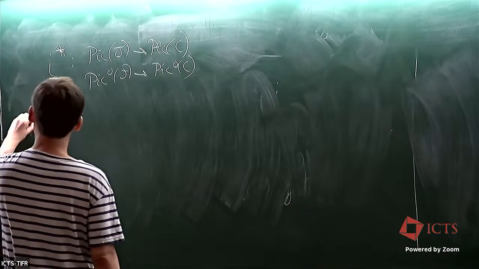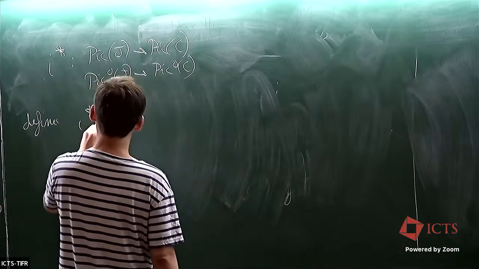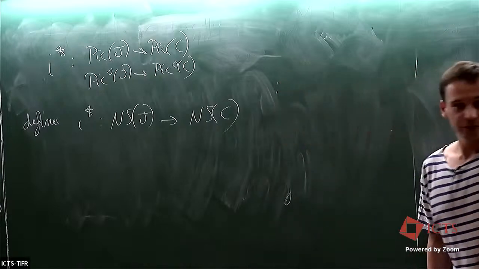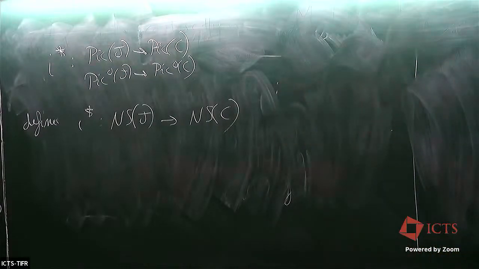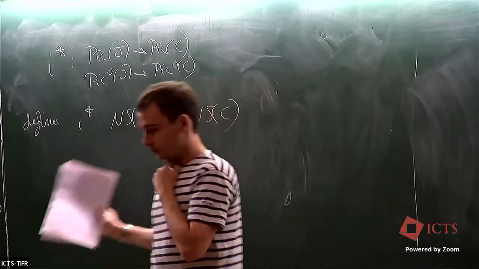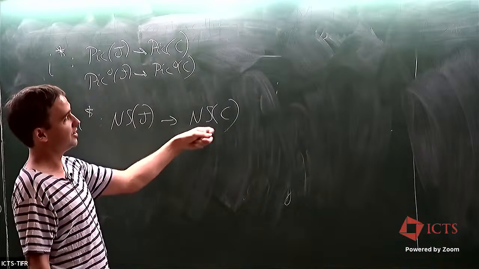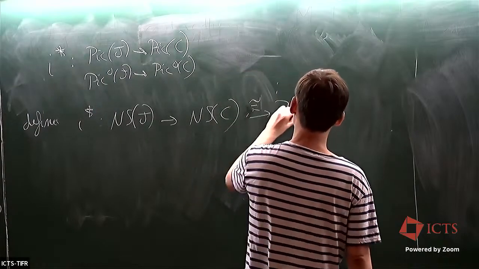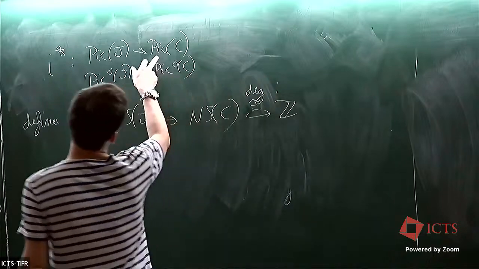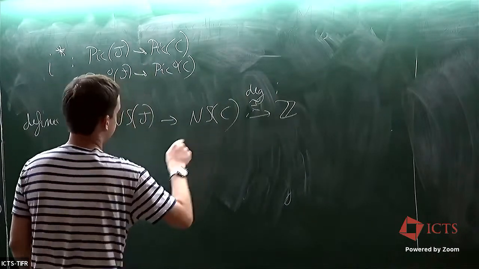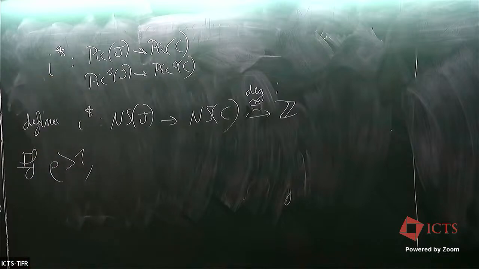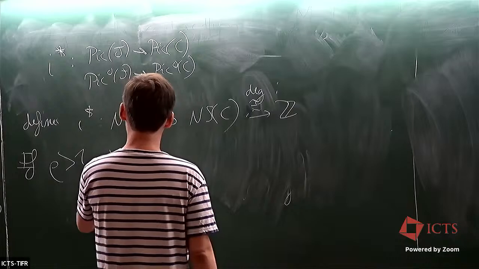So this defines iota star from the Néron-Severi group of J to the Néron-Severi group of C. And we don't talk often about the Néron-Severi group of a curve because, as I said, the Pic 0 of C actually can be seen as the Jacobian. And we can compute that, seeing all this as divisors, this is exactly measuring the degree of the divisor. Okay, so here, I take an element here, it's a divisor, and I can just take its degree, it's Z. So this is easy. All right, and now what happens is that if rho is larger than 1, what I can do is that the kernel of this has to be non-trivial.